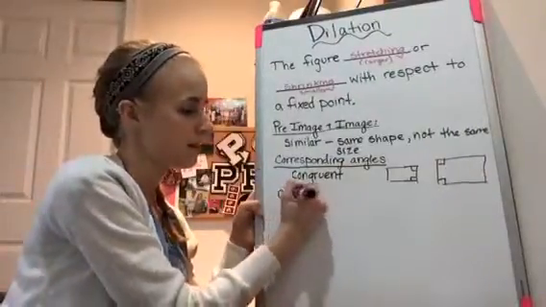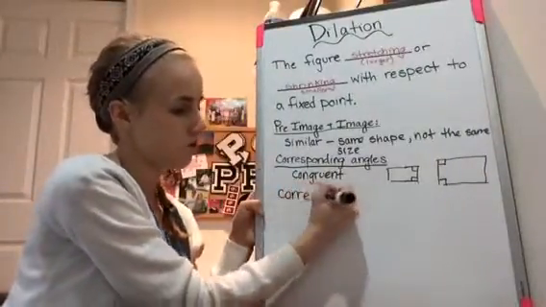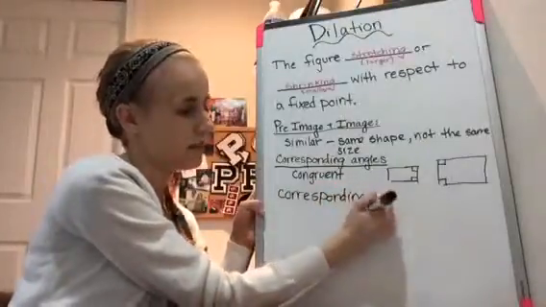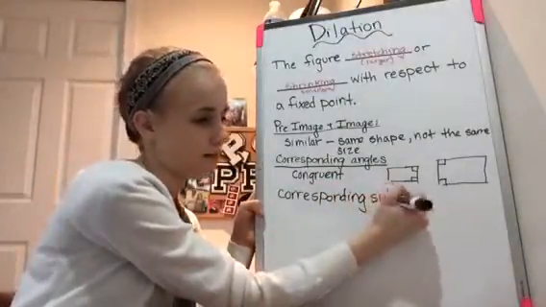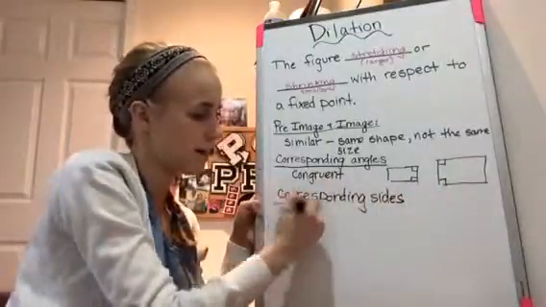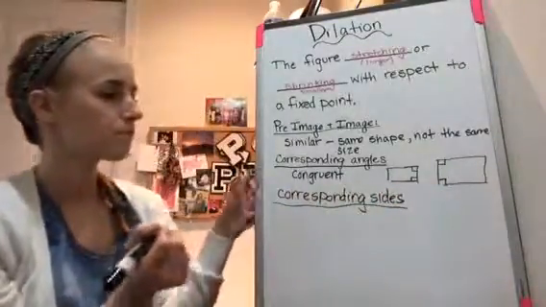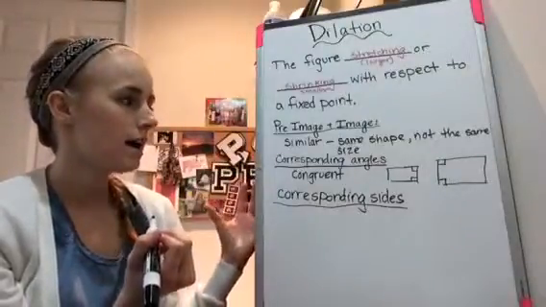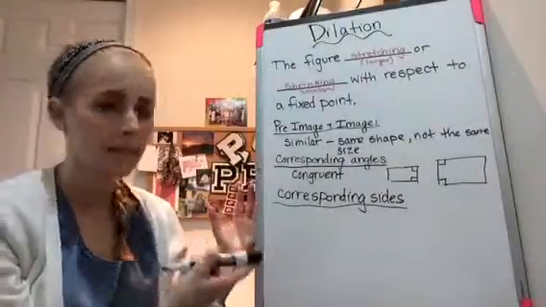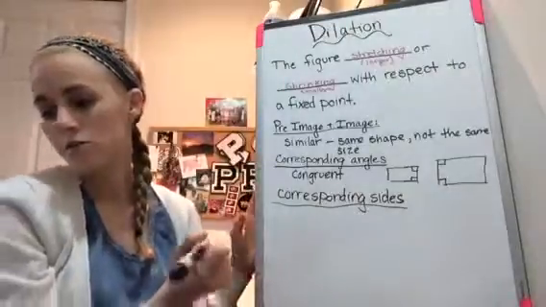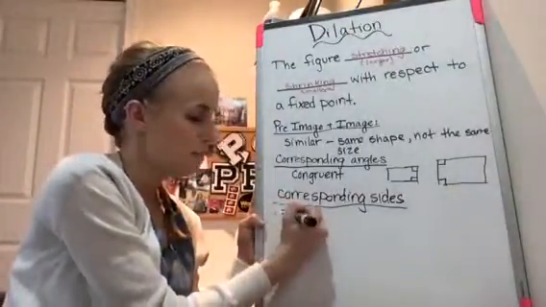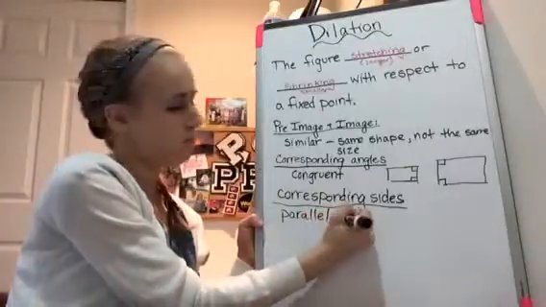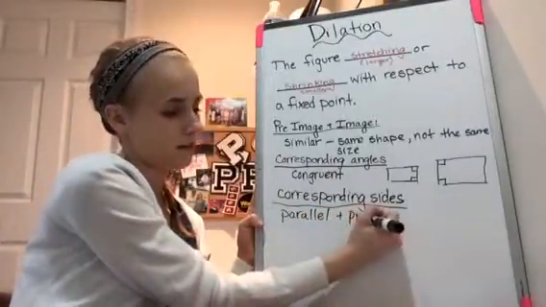So then the last thing we need to look at is our corresponding sides. All right. So when I look at my corresponding sides, what am I going to look at? Well, they are not congruent because they're not the same size, like I said. So instead, they still remain parallel to one another and proportional in length.